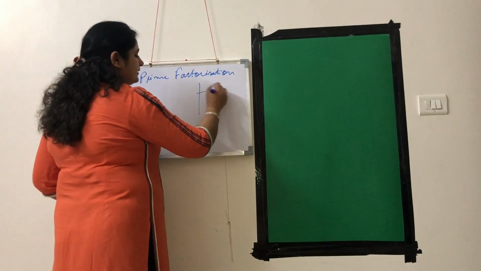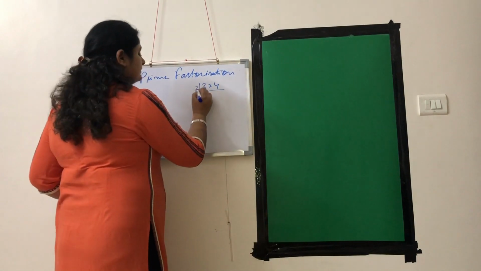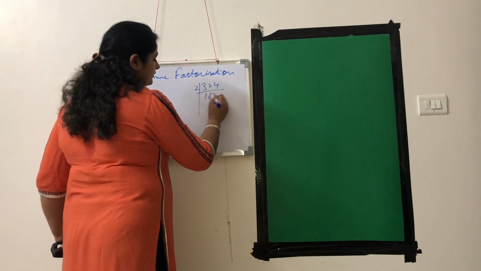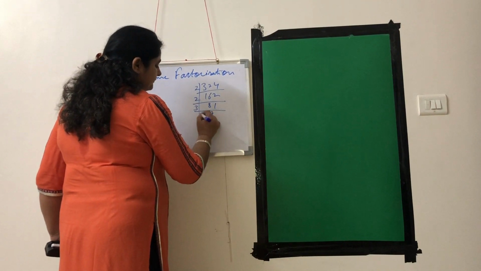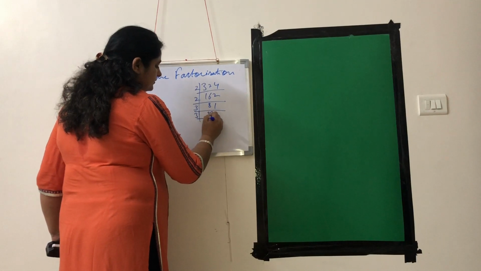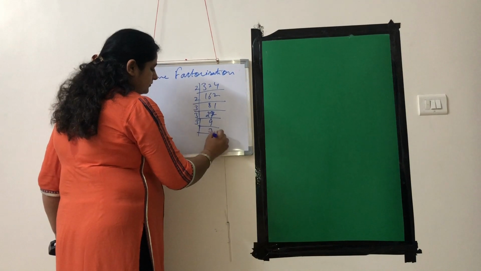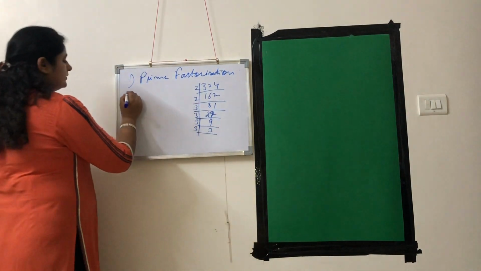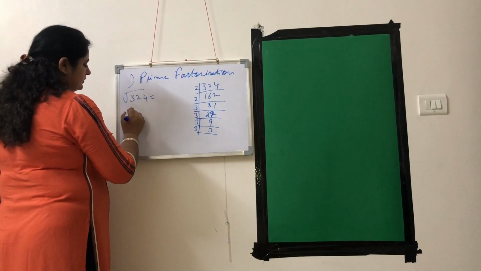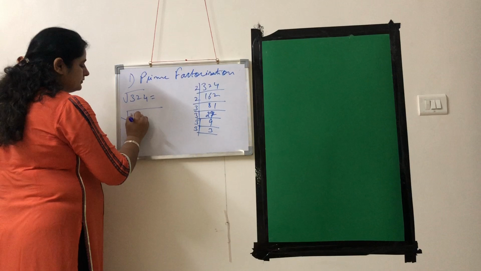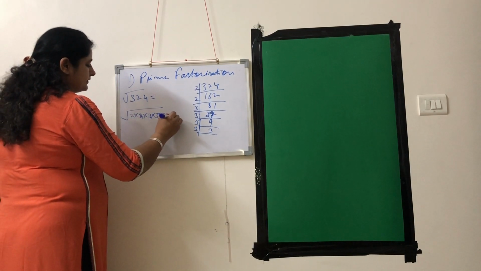Suppose you have a number like 324 and you want to make the prime factors. Start from 2, again 2, then 3, again 3, then again 3. So if you want to find the square root of 324, that is equal to the square root of 2 multiplied by 2 multiplied by 3 multiplied by 3.